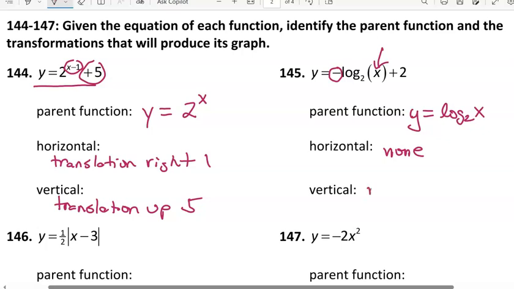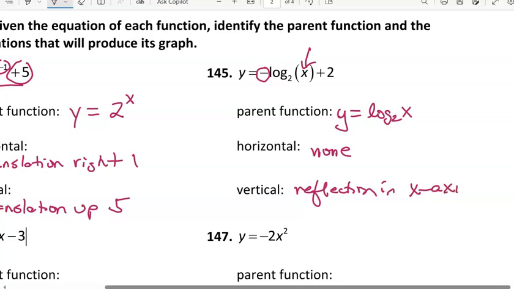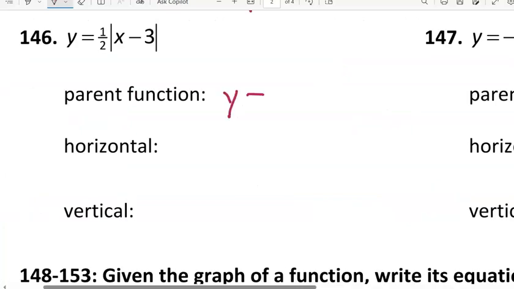That's going to be a vertical reflection, or a reflection in the x-axis. And then 2 has been added, so that's going to translate the graph up 2.